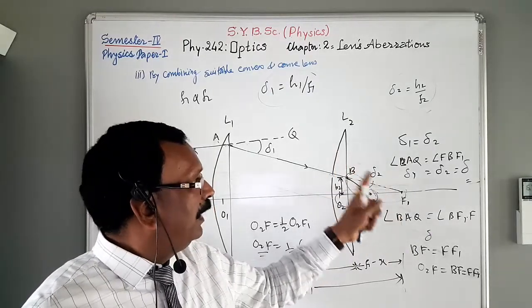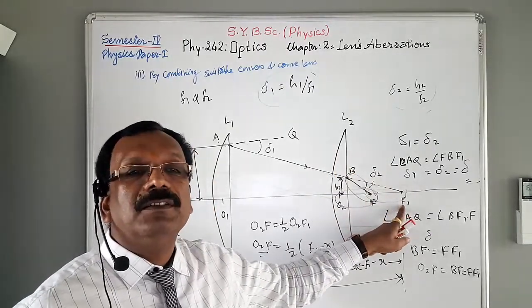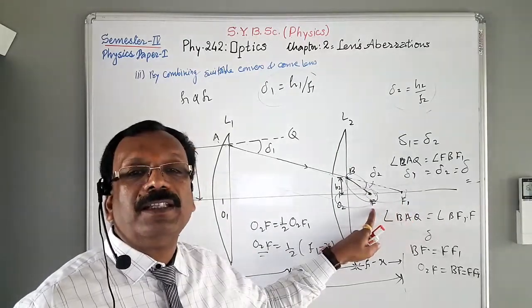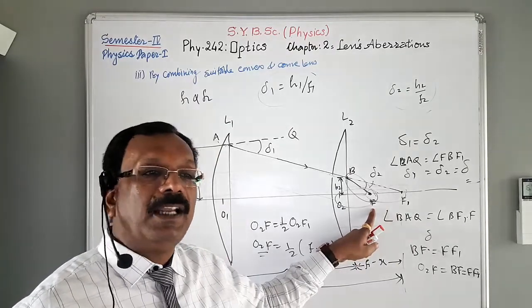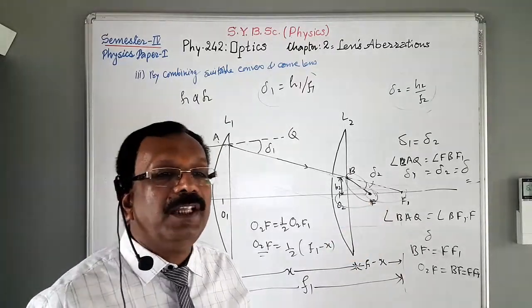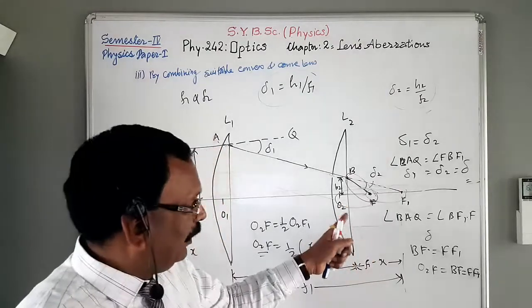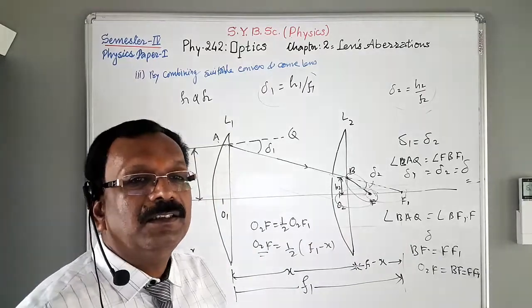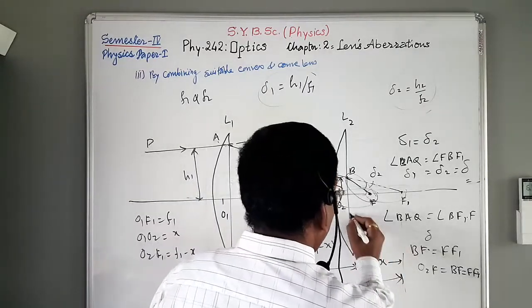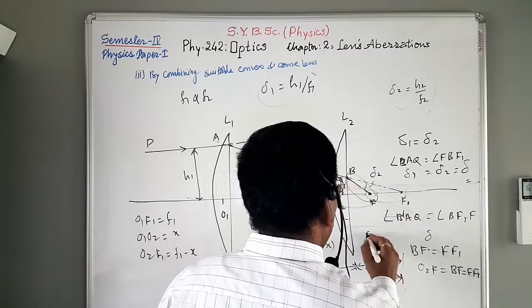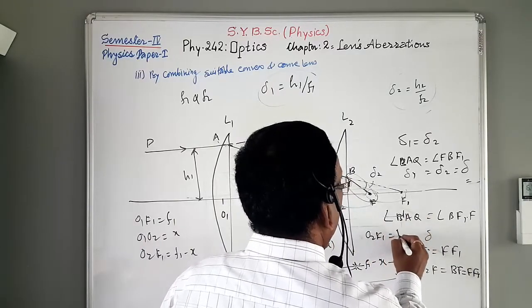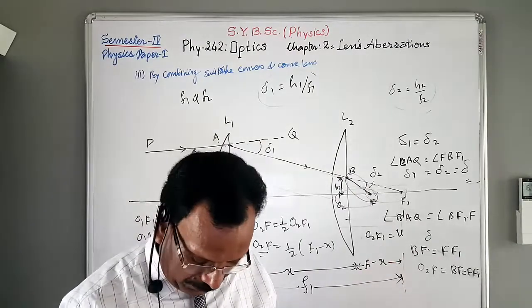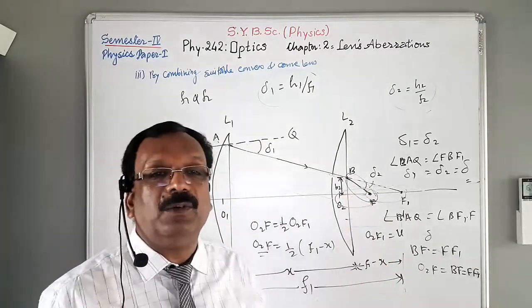So for this L2, the object distance is O2F1, which is plus U, because as per the sign convention it is placed toward the right of the lens L2.